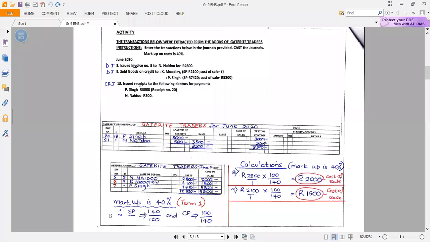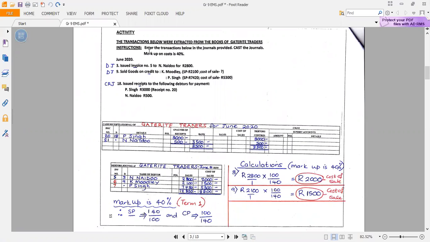Okay, learners, on page 11, I have provided you with an activity that was for you to complete and understand, but I have completed it for you, so I will take you through this activity step by step. Let us begin. The transactions below were extracted from the books of Gateway Traders.